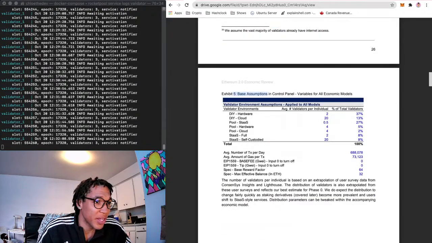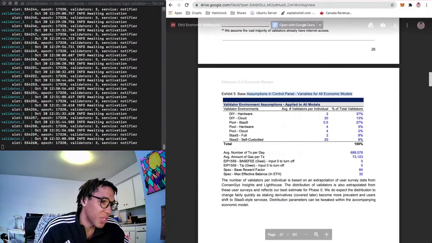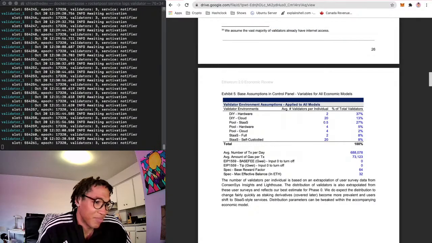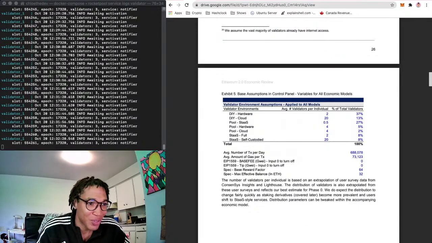So it's just saying what they're expecting, the assumptions that they see. If you do it yourself, I expect you to have 2. If you do it on the cloud, they expect you to have at least 20 to make it worth it.